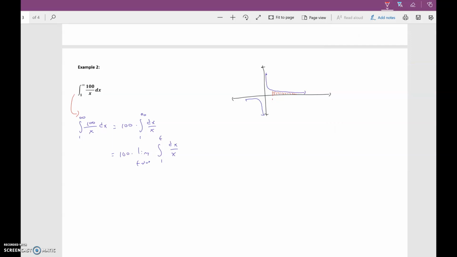So we're going to be evaluating the integral first, and then multiplying that by the 100, which is just a constant on the outside.